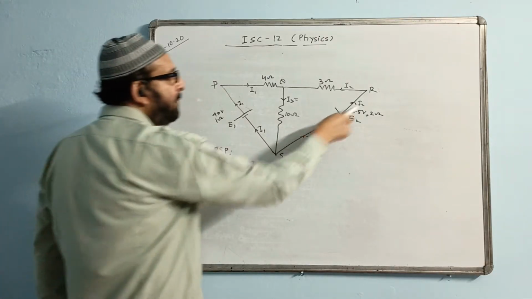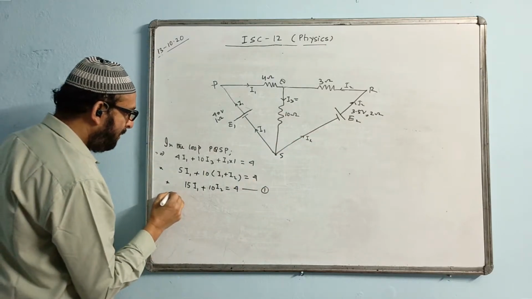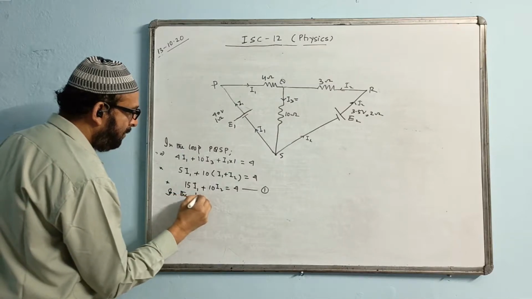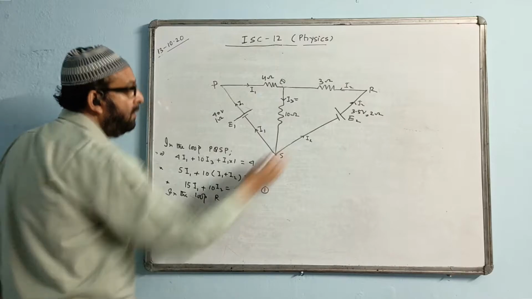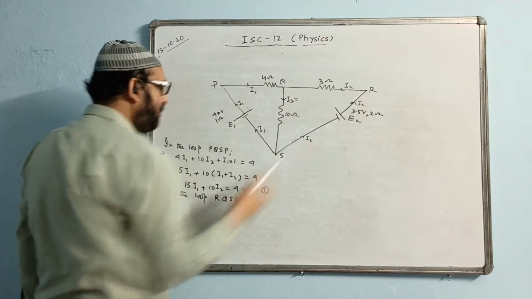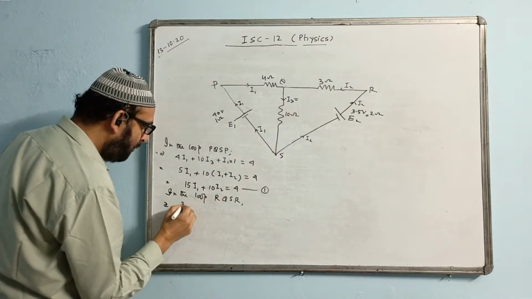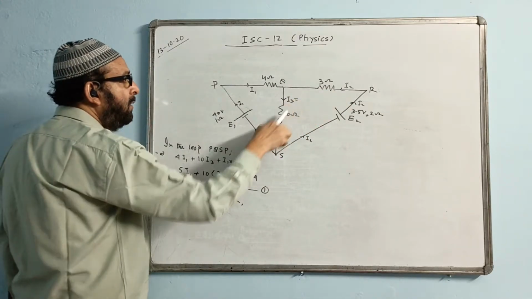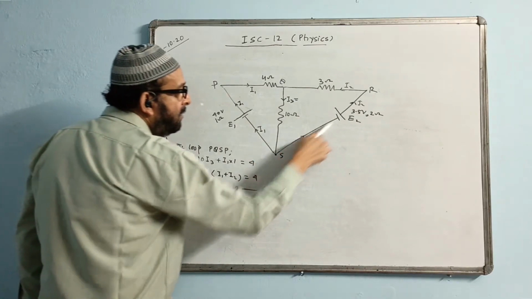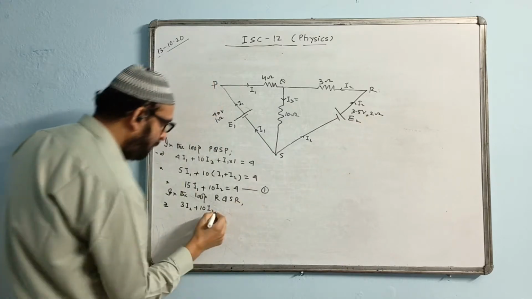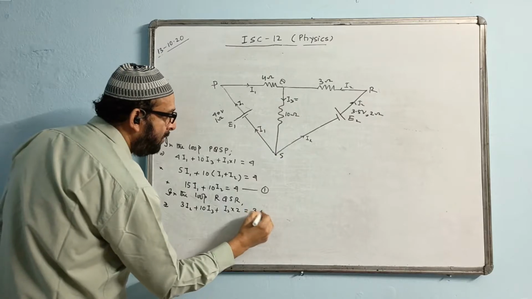I will take another network from the positive terminal like this, in the loop R, Q, S, R, closing it. Let us take it: 3I2 plus 10I3 plus I2 into 2 is equal to 3.5.